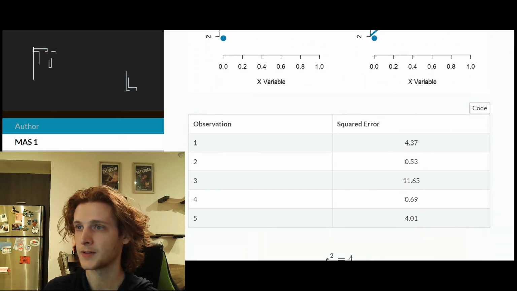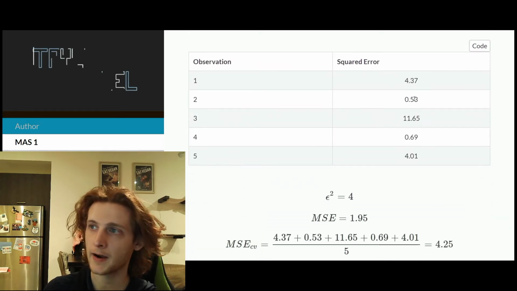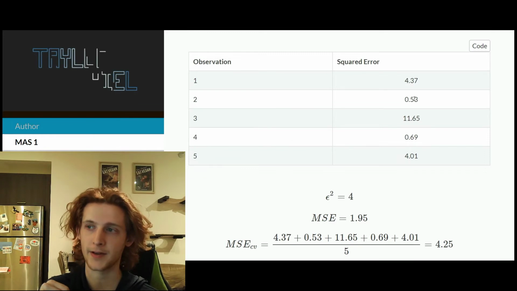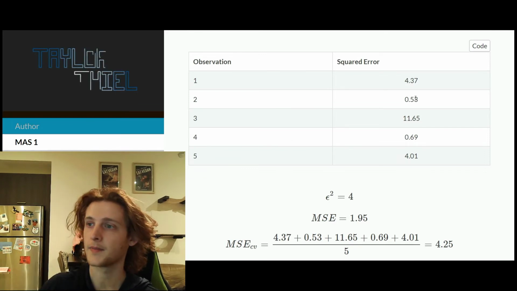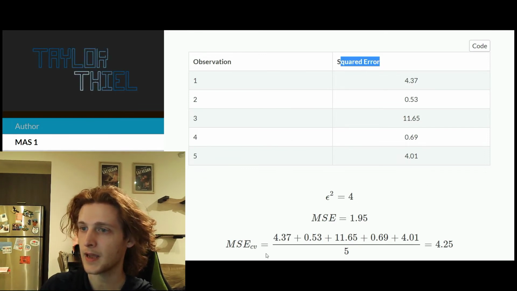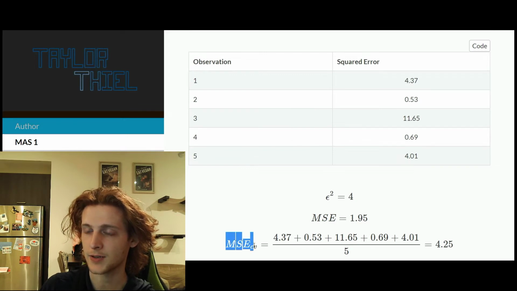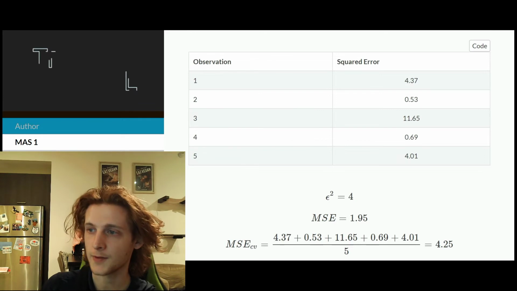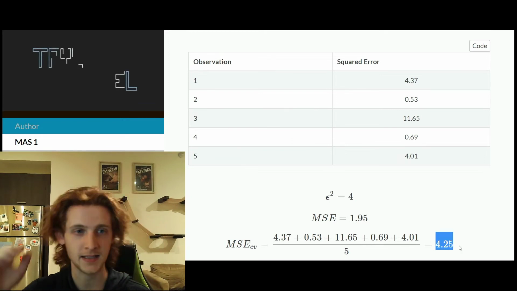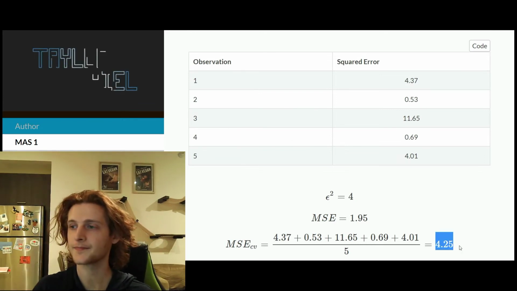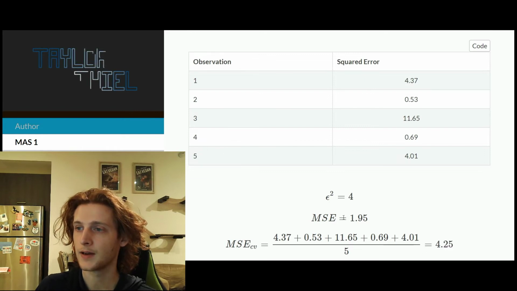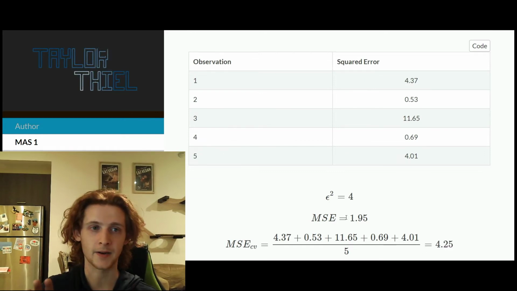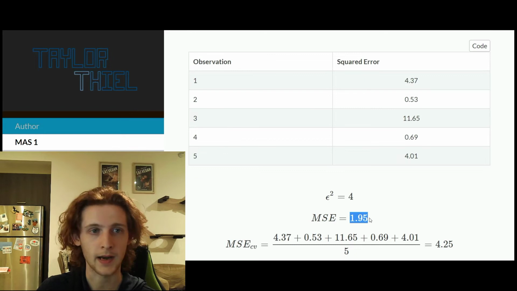And now what we can do is say, okay, I know my squared error for that out of sample observation, and I can square them and then get a cross-validation mean squared error by taking the average of those squared values, getting an estimate of 4.25. So again, when we just fit our linear model, we get a mean squared error of 1.95.